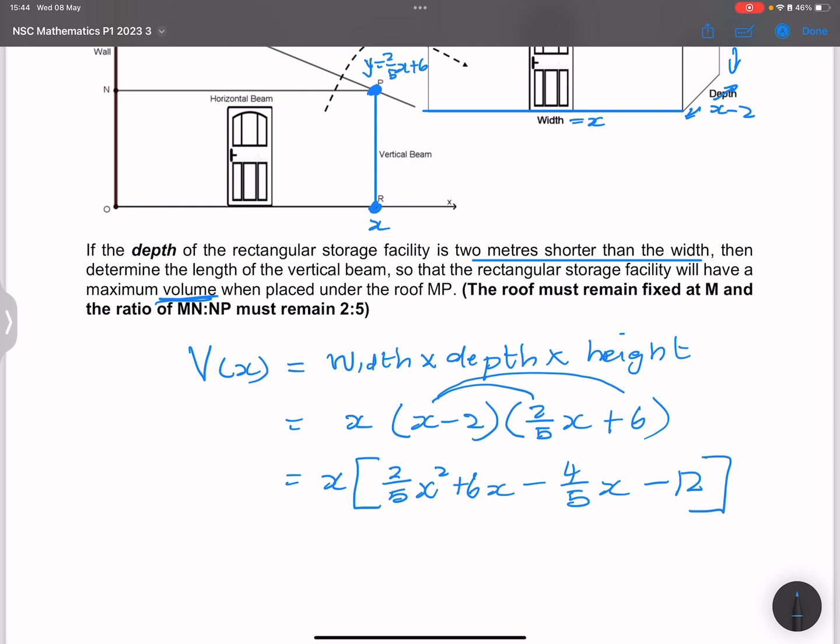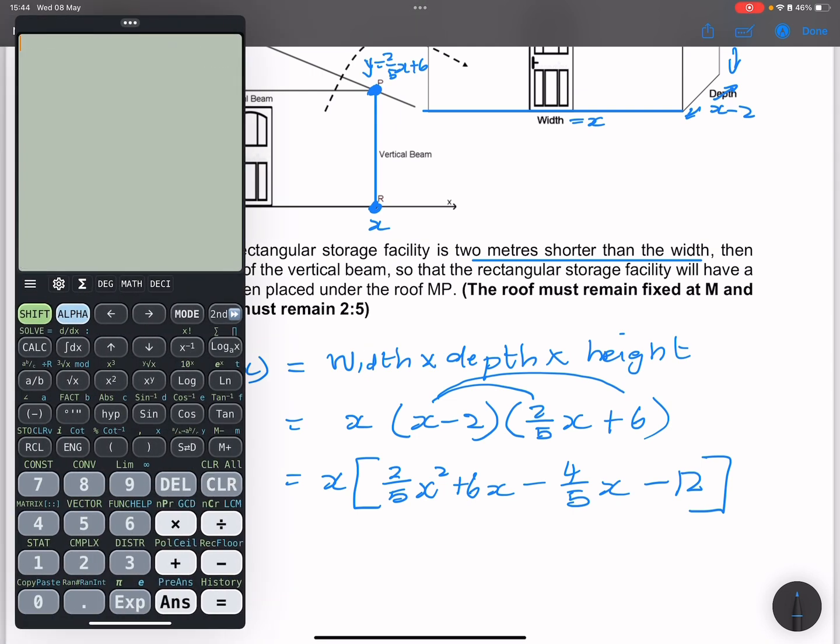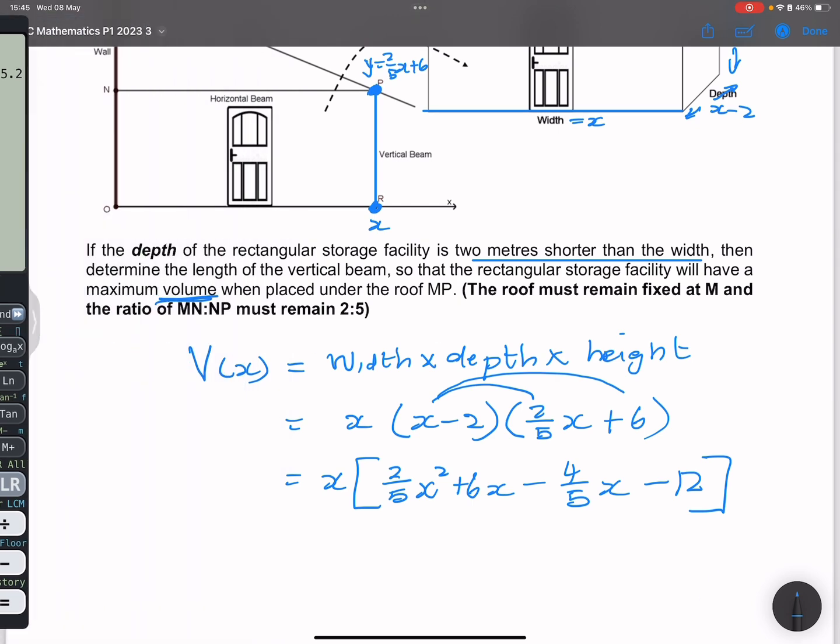And in this case, if I add those two, 6 minus 4 over 5, I just made a mistake there. 4 divided by 5 is 0.8, so 6 minus 0.8 gives 5.2.